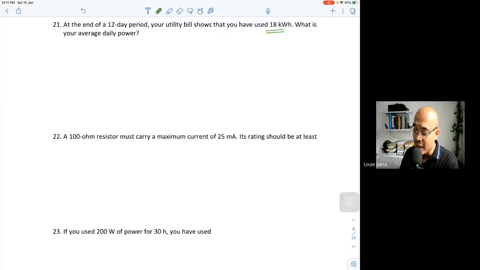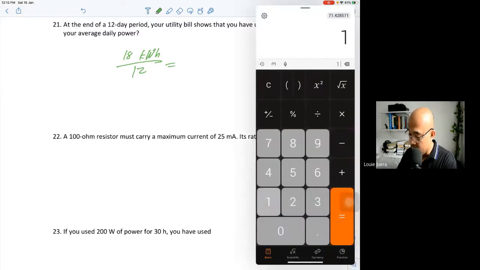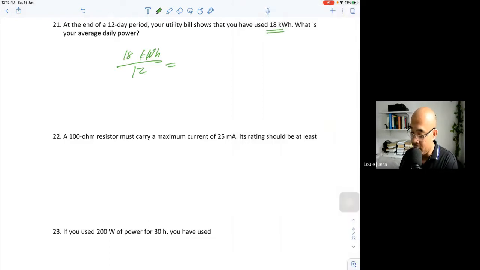So in this case, given the total of 18 kilowatt hours, you just have to do 18 kilowatt hours divided by 12, because you have 12 days. 18 divided by 12 is equal to 1.5. So 1.5 kilowatt hours a day. On average, you are consuming 1.5 kilowatt hours of energy daily.